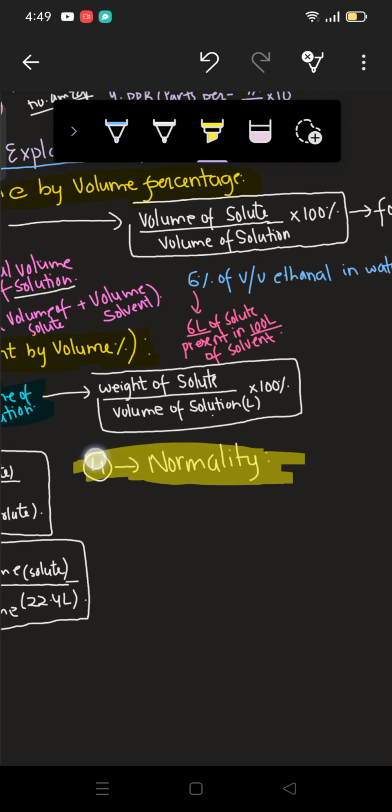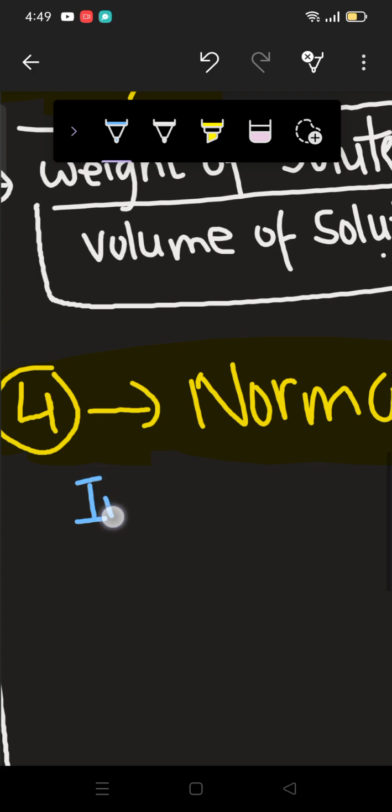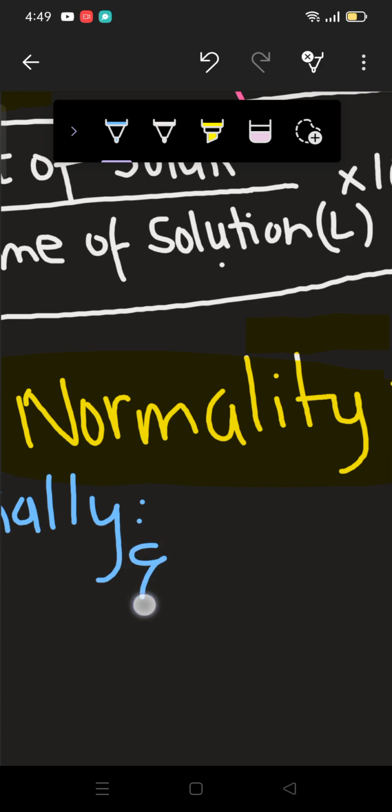Now see, to understand normality, initially we need to understand equivalent mass, which is a very important topic, right? So initially we're going to learn equivalent mass.